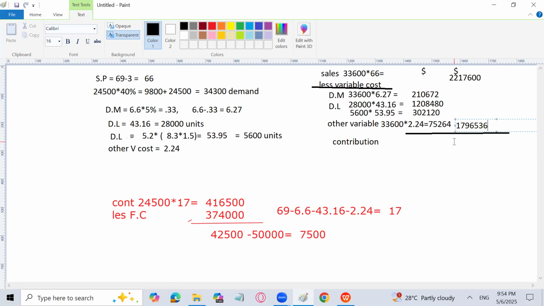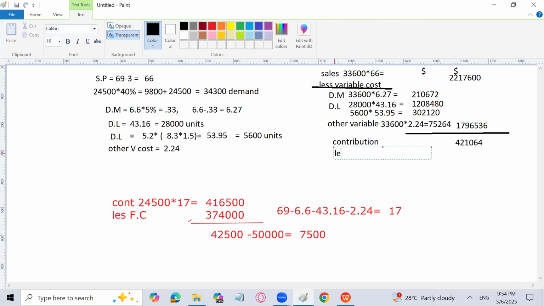Now you can subtract and you will get the contribution. If anyone can calculate also regarding the amounts. 421064. Okay, yes, that's right.